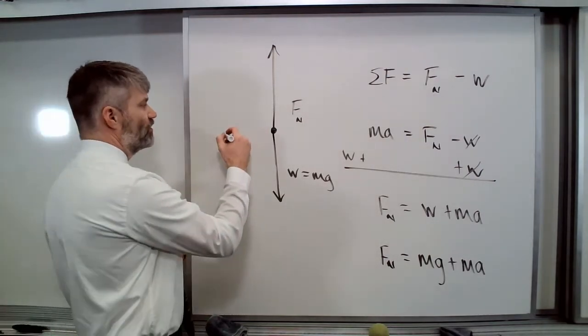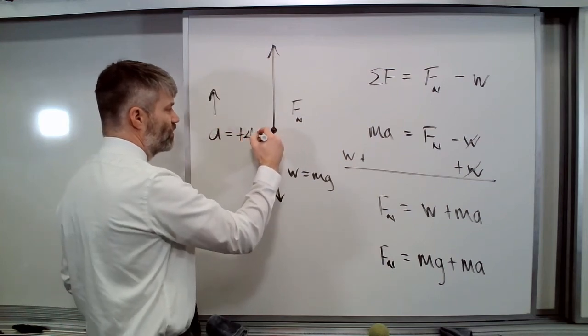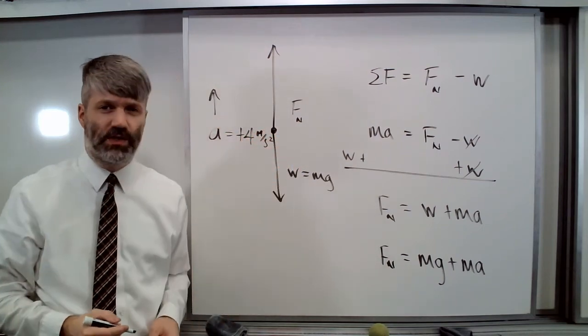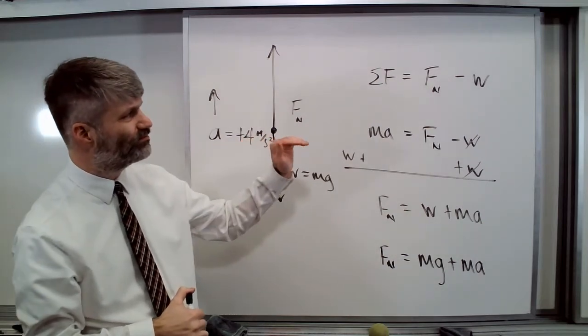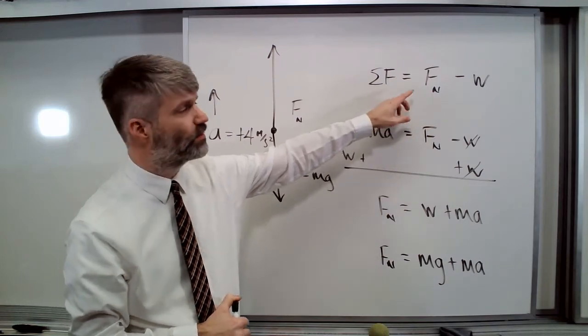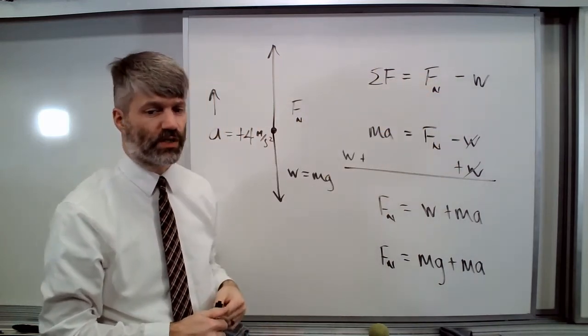Okay. The acceleration now is in the upward direction, and it is positive 4 meters per second squared. Well, notice the derivation is all the same, right? The normal force is in the upward direction, weight is in the downward direction.